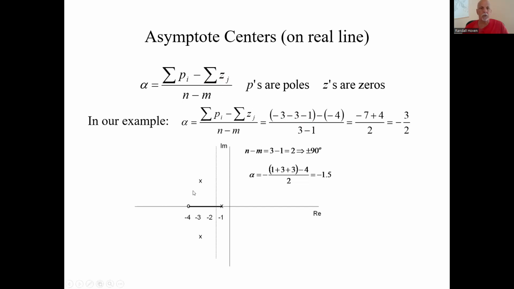Minus the zero, which is at minus 4, minus a minus 4. N minus m is 3 minus 1. Do this arithmetic, you get minus 3/2. So right between minus 1 and minus 2 is where the center of that asymptote is, or where it crosses the real axis. There's our asymptotes. We'll go straight up and straight down along this dotted line.